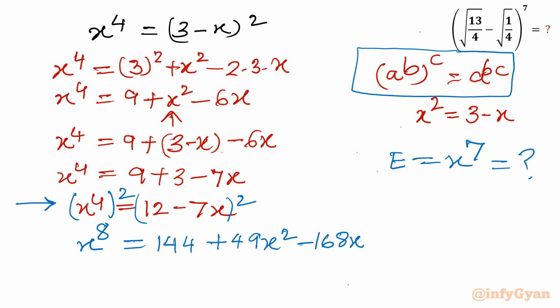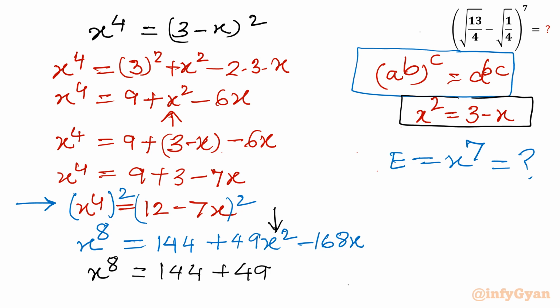Now I will put once again x square is equal to 3 minus x here, because x square is equal to 3 minus x. So let's put x power 8 equal to 144 plus 49 times (3 minus x) minus 168x. So let's expand and simplify the RHS.